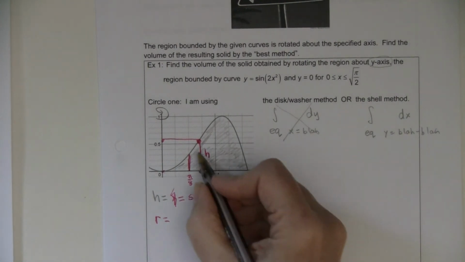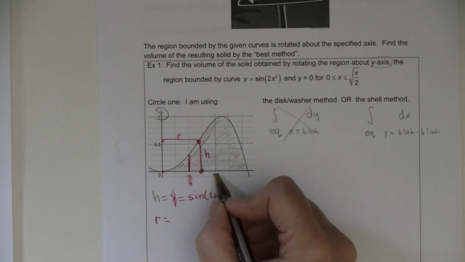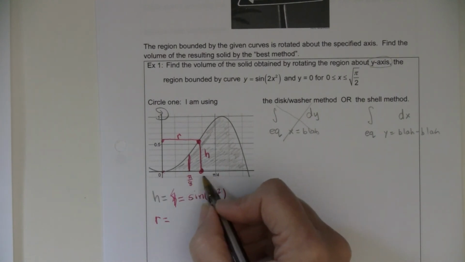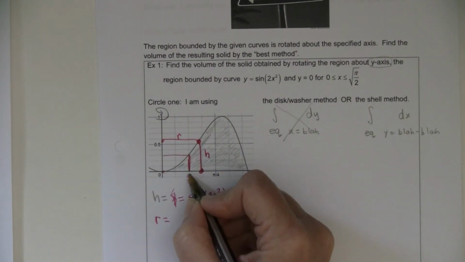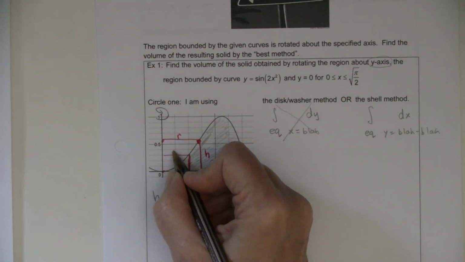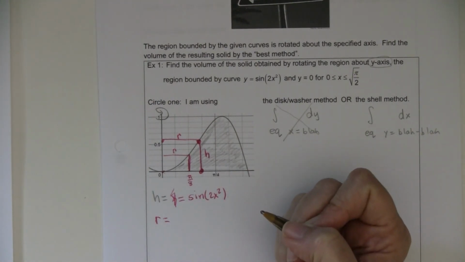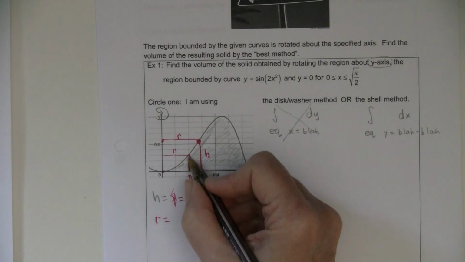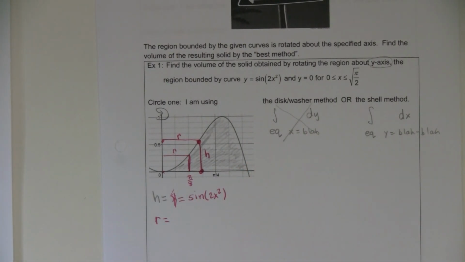And so for this particular height, the radius is whatever halfway in between those is. But this one, I could talk about more easily, right? This one right here, the radius is pi over 8. And the height we just found was 0.3. And they go together. So that's the radius of the shell.